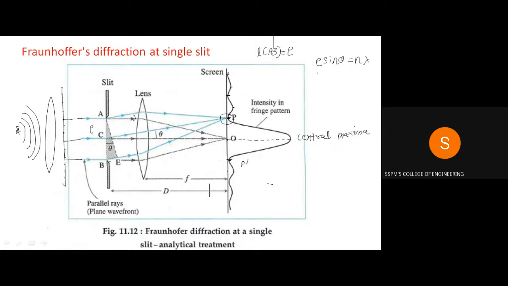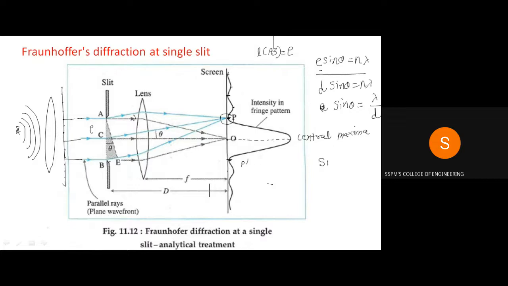And as per the condition we have obtained, the condition for minimum of intensity at point P is given by e sin theta equals n lambda. What is e? e is the slit width, which we also call d and also a. So the condition is e sin theta equals n lambda, but here n equals 1, the first minimum. So the same condition we can write as sin theta equals n equals 1, lambda upon d.